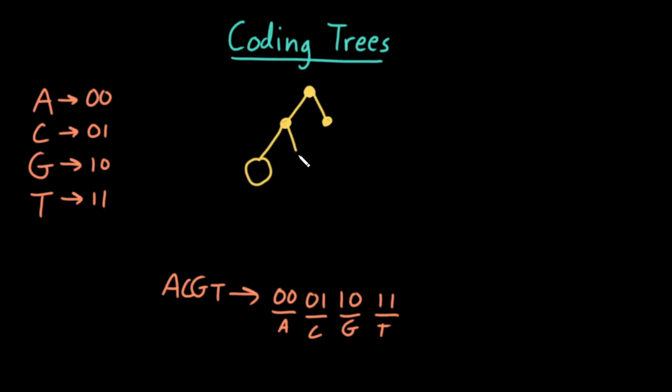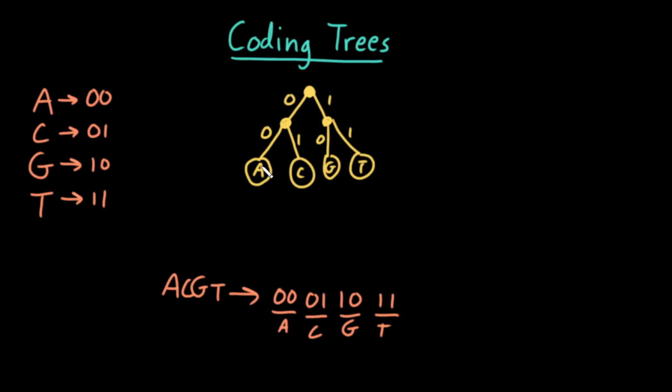And then the characters that I want to encode from, which are A, C, G, and T, will represent leaves in this tree. A, C, G, T. And I can represent every single character in my alphabet as the path from the root to the node labeled by that character.